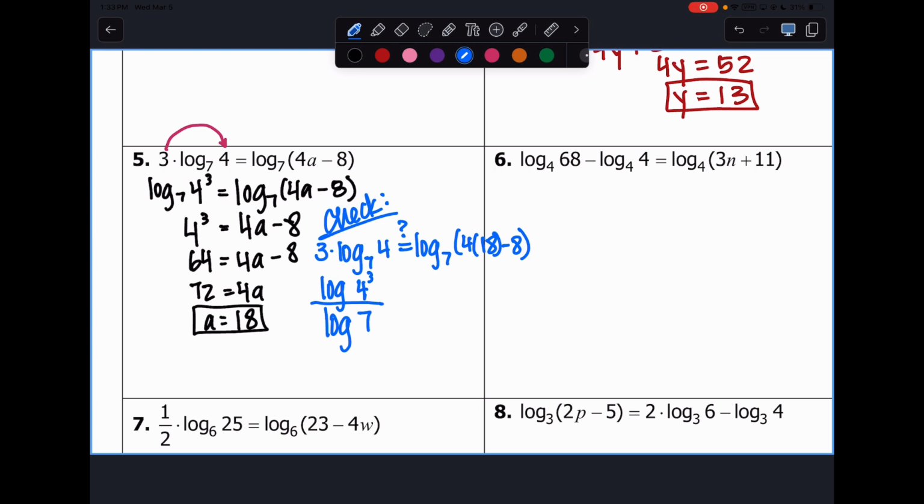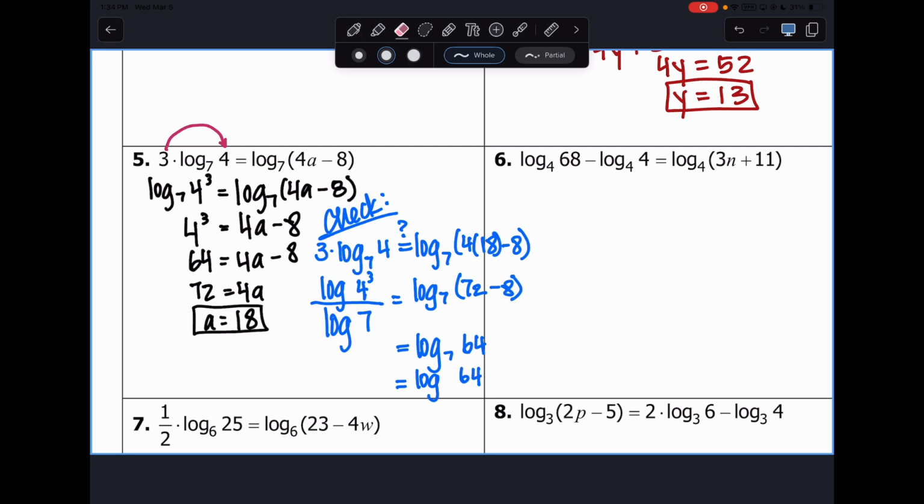Okay? So log base 7, 4 times 18 is 72, minus 8 is going to get me 64. So you should put it into your calculator as log base 7 of 64.